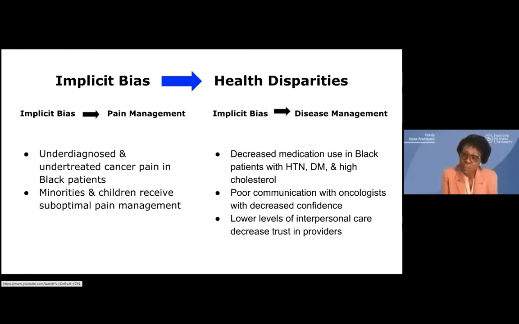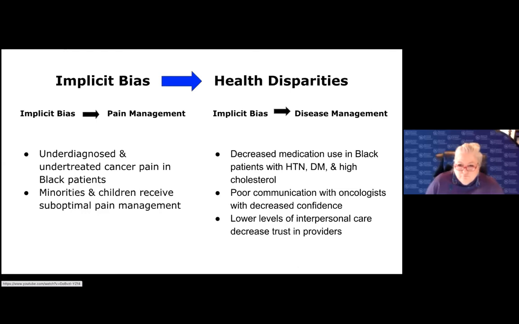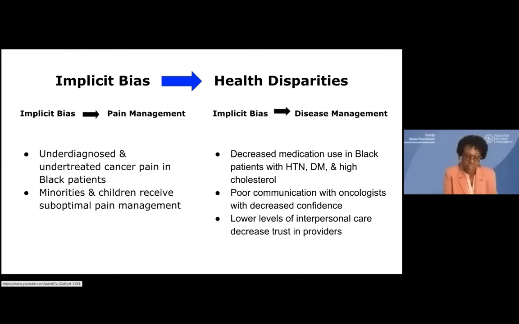And our patients pick up on these attitudes and observations. They actually view those providers with high levels of implicit bias as less patient-centered than the physicians or providers with lower levels of implicit bias.